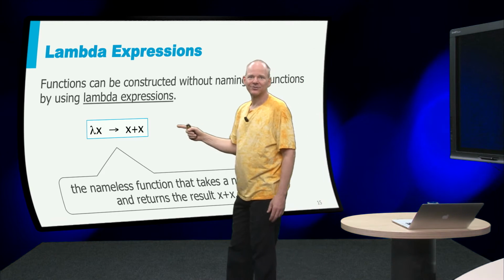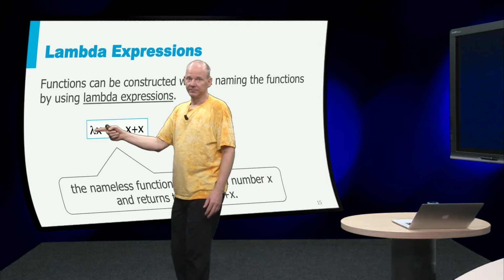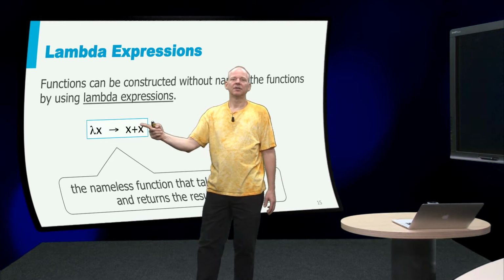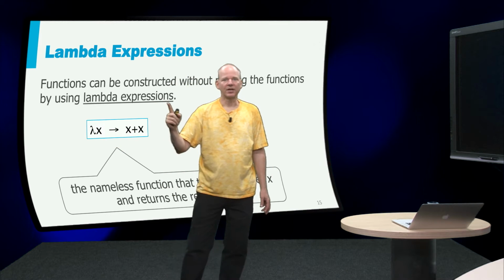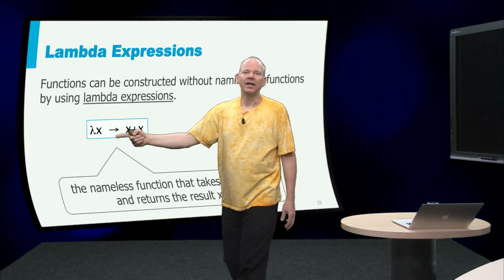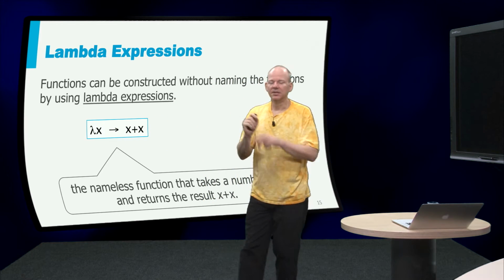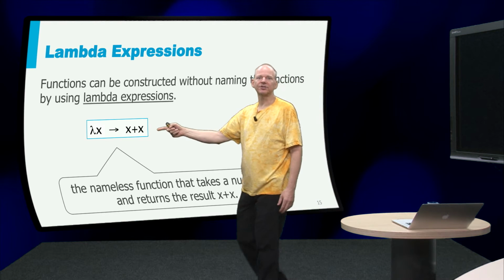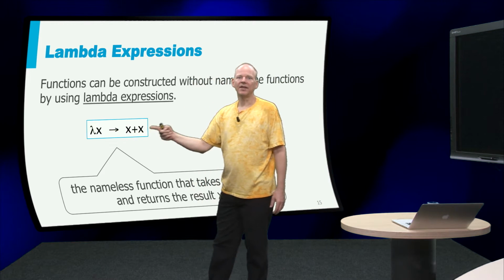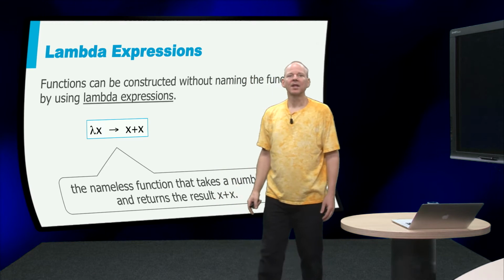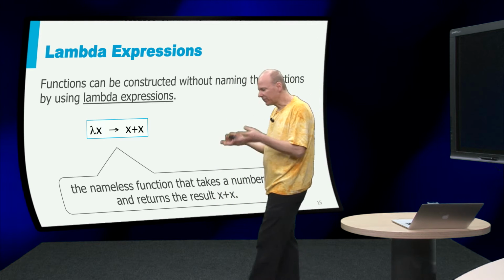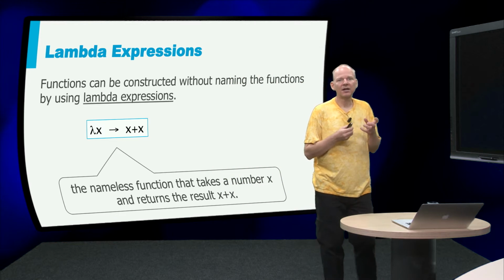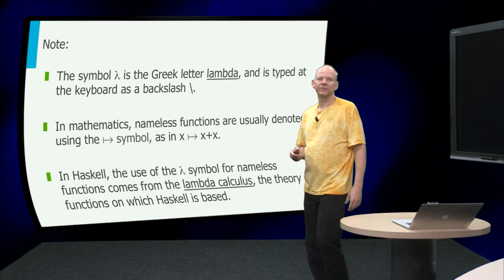But since we want these slides to look fancy, we're actually writing a lambda and a real arrow, okay? When you write this in code, you write slash for the lambda, and you just write the arrow as you would expect, okay? So what is this thing? This is a function that takes an x and adds it to itself. And that function has no name, so it's an expression of function type. That's what lambda expressions are. They are expressions that denote functions.